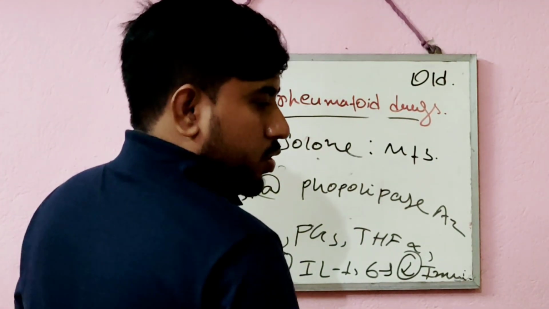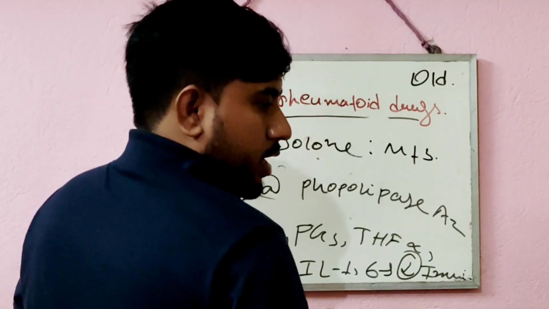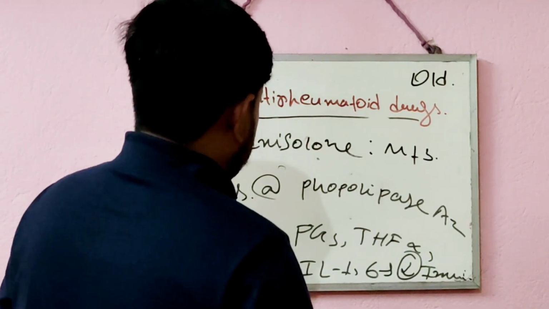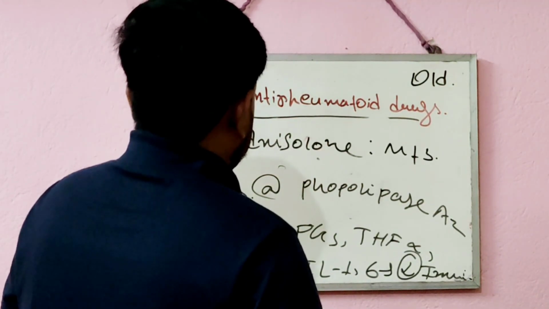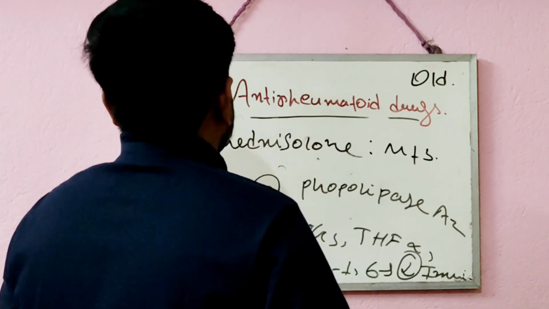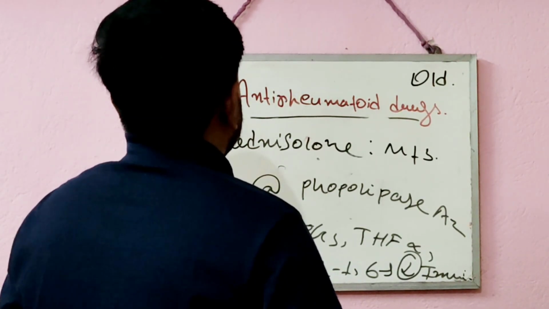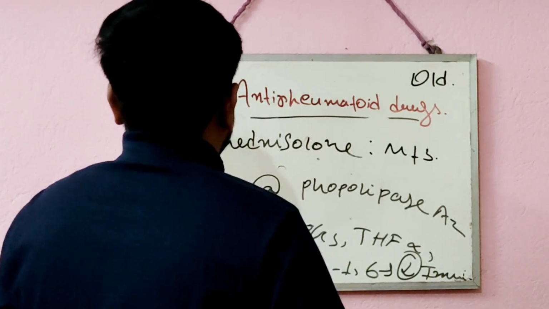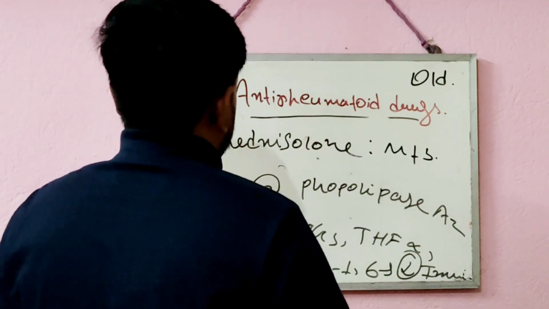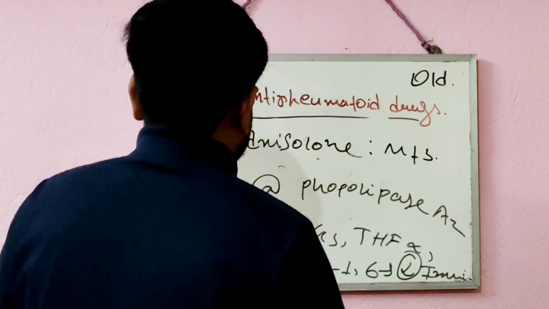So how does prednisolone show its action? It shows its action by forming a complex by binding with the intracellular glucocorticoid receptor, which is going to alter gene transcription.